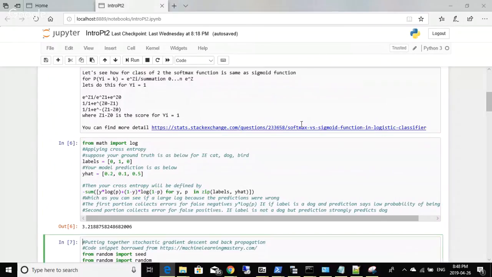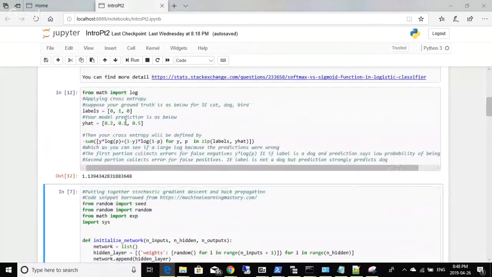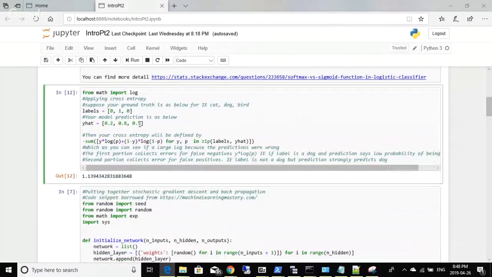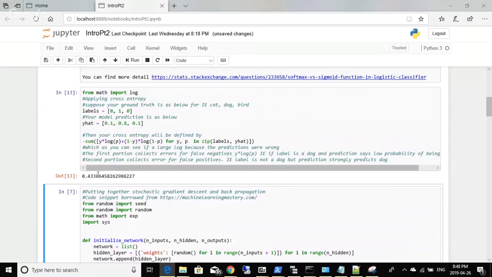And if we run this, it'll get a very large log loss, and we fix this to be more correct. You can see the log loss is being reduced here. So this reduces the false negative, and let's reduce the false positive. Yeah, you can see the log loss become even smaller.